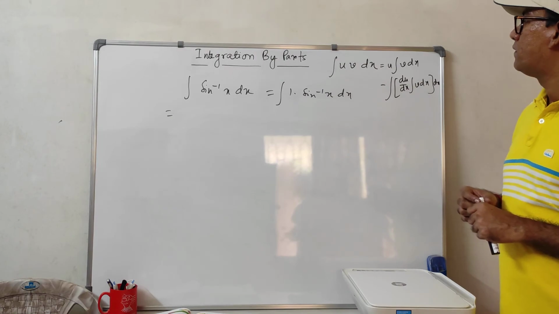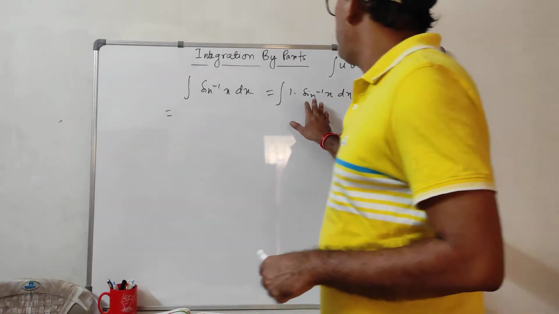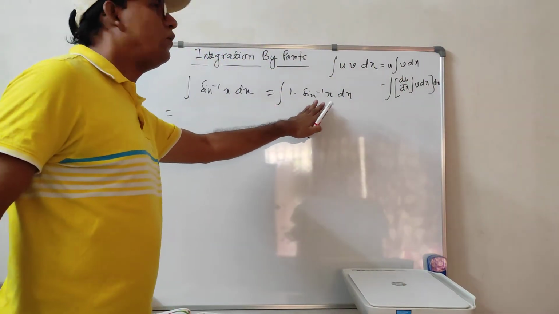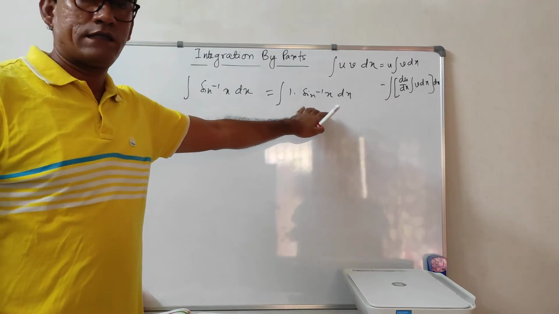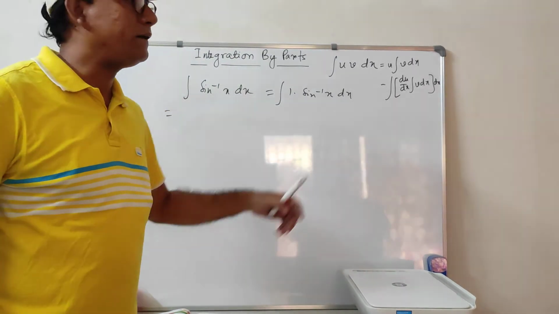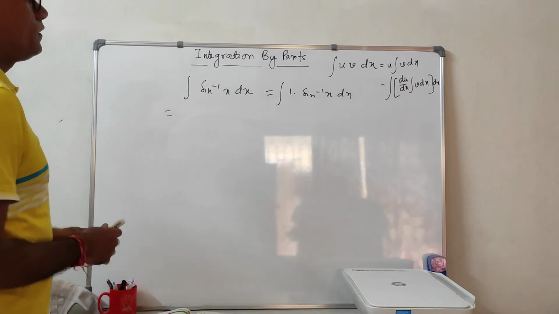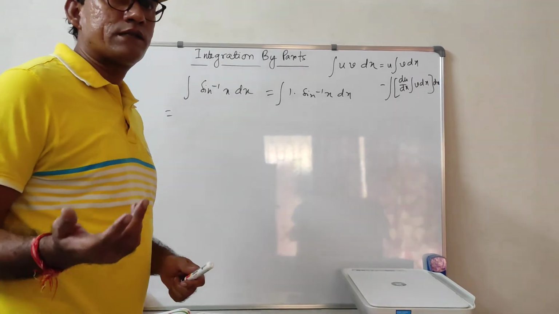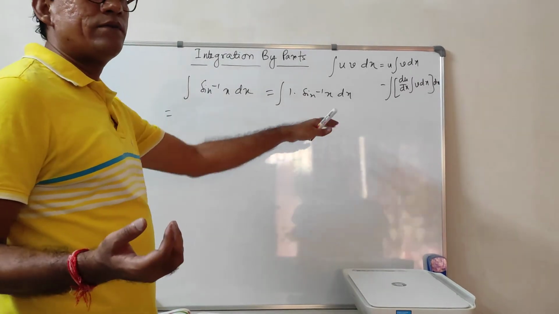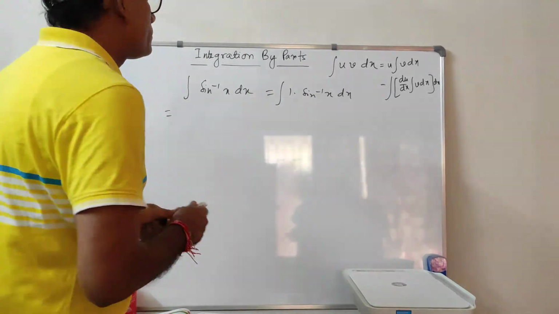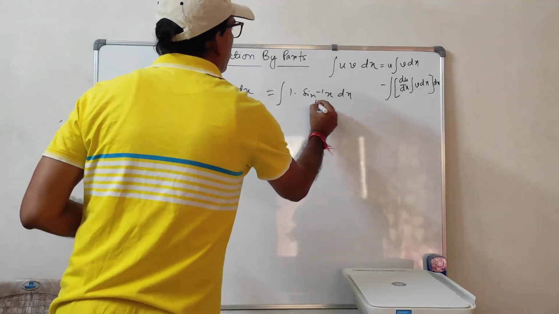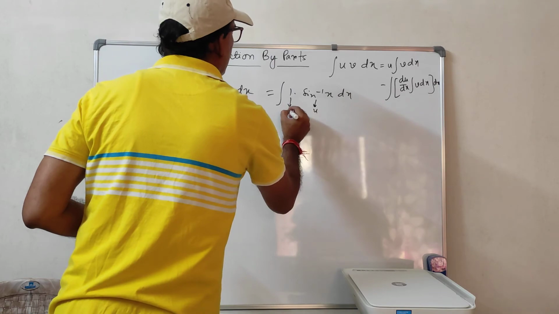Okay. So we know that we cannot integrate sine inverse x easily. So it is a natural choice to take sine inverse x as the first function. So take this as u and this as v.